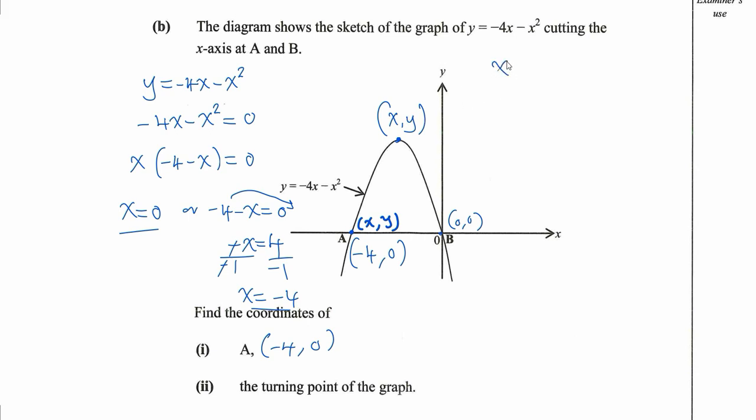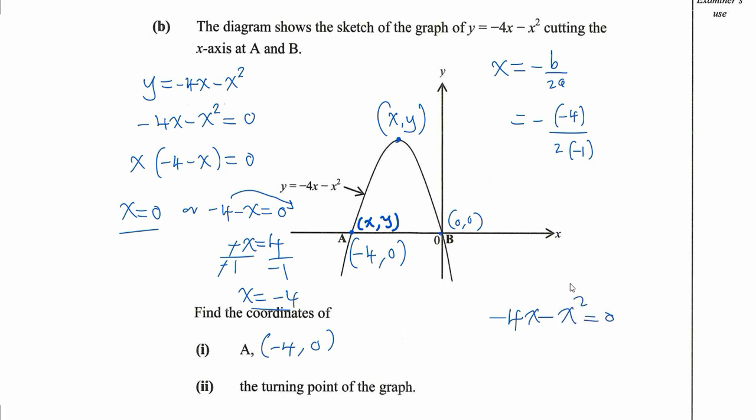And we calculate this x-axis using the formula like this. This is a formula. So we shall say negative b will be negative 4 over 2a, our a will be negative 1. So let me show you. When you've got a quadratic equation, the way it is, let me write it here. Negative 4x minus x power 2 is equal to 0.